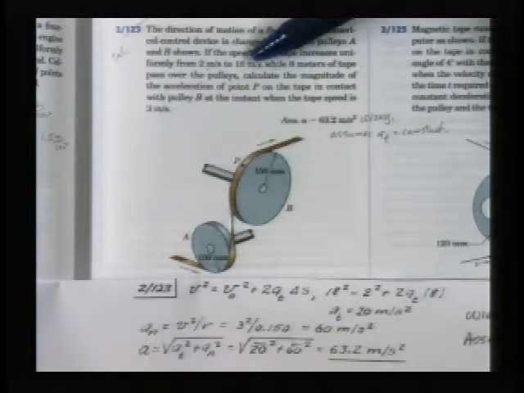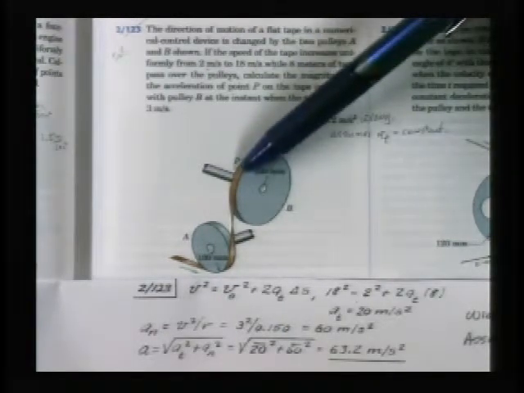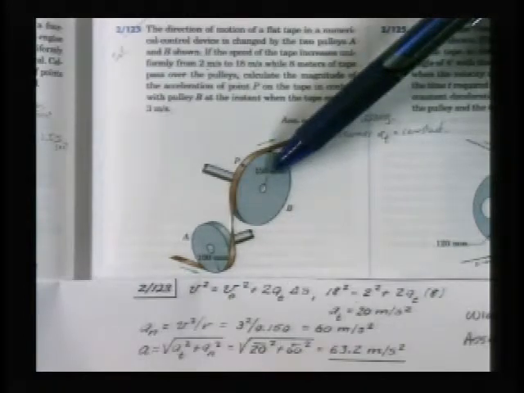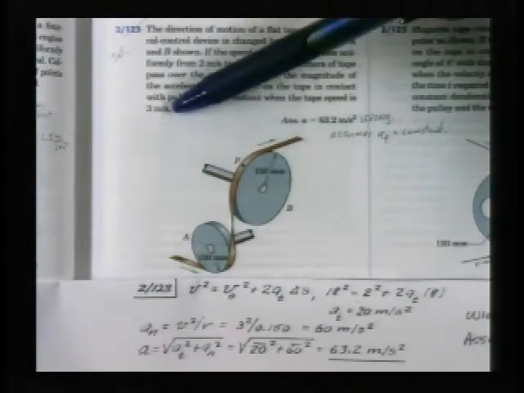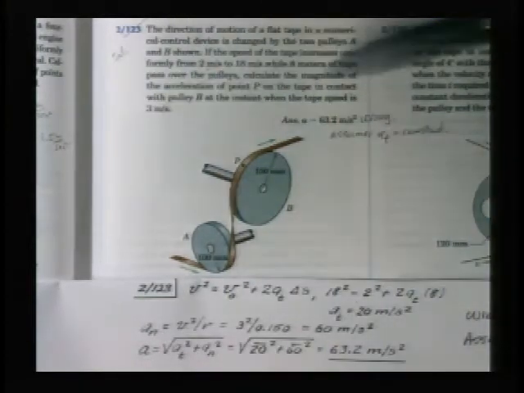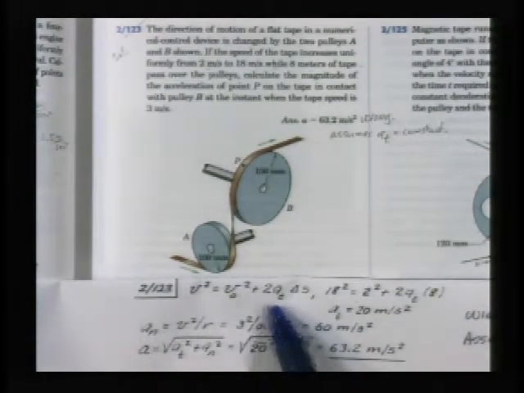Right? Okay. And then they said calculate the magnitude of the total acceleration of point P, which is up here on this 150 millimeter wheel, at the instant when the tape speed happens to be 3 meters a second. And look at their solution. They came down here and they grabbed this equation, which is based upon a constant tangential acceleration.